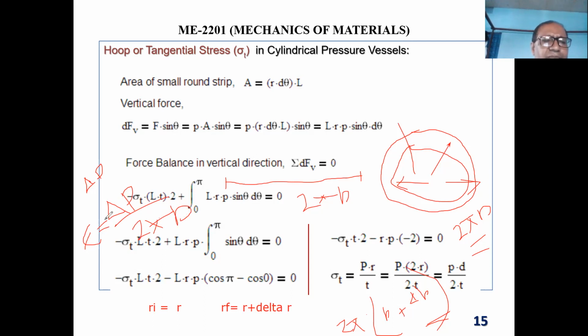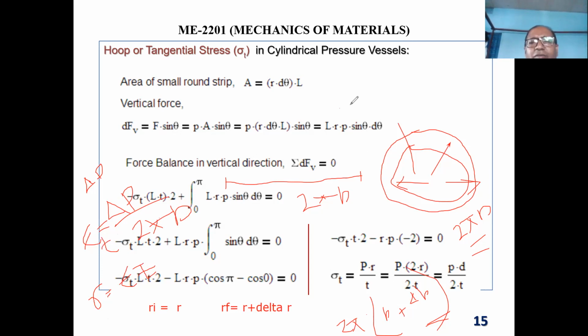So from here, you can figure out the value of strain. You have the strain. Now you can figure out sigma t. Why? Because we know Hooke's law, sigma equals epsilon into E. And this strain is tangential strain, circumferential strain.